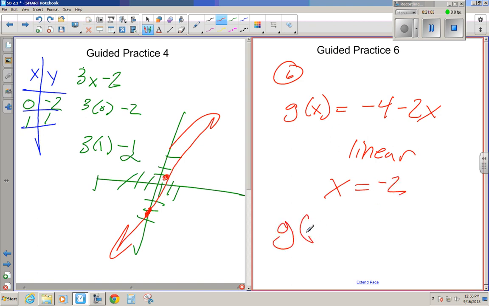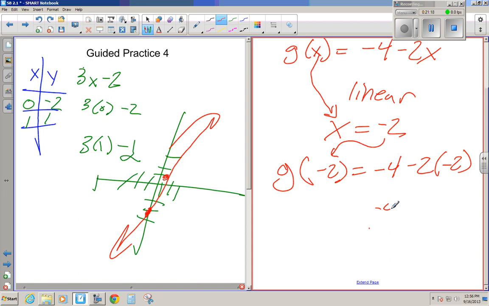So that means g of this x becomes negative 2. Negative 4 minus 2 times negative 2. Negative 4 minus, negative 2 times negative 2 is plus 4. You should end up with 0 as your solution.